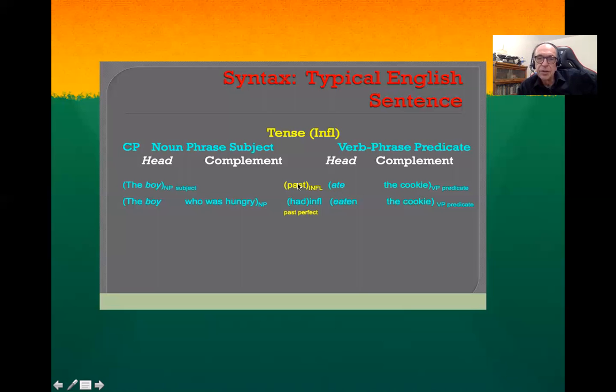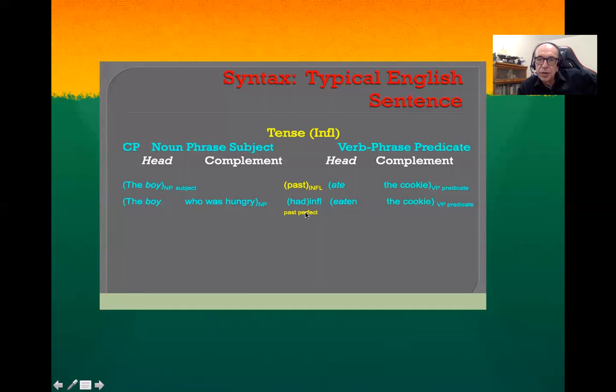So I make a note here, tense. But if it became a negative sentence, then it would become didn't eat, and tense would come off of ate and become an auxiliary. Tense can always be expressed in English as an auxiliary or as a morpheme bound to the verb.